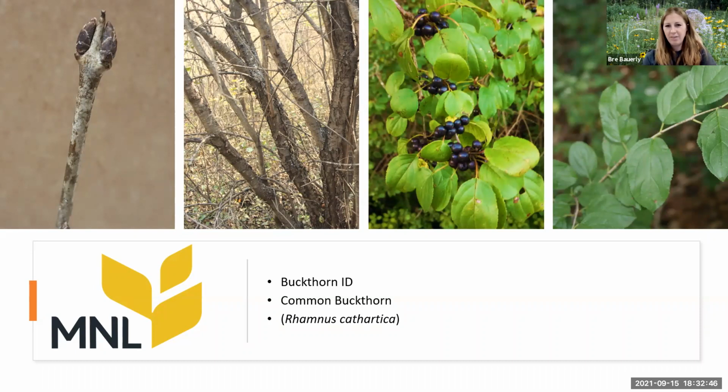But the leaf itself, the way the leaf margins look, finely toothed, very fine teeth along the outside of the leaf. The way the leaf veins branch out from the center vein, kind of in pairs along the mid vein. And then the leaf shape itself is kind of an egg shape.